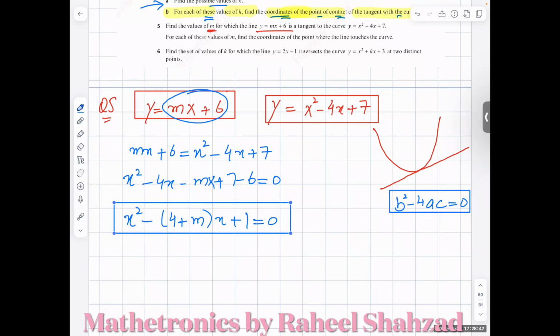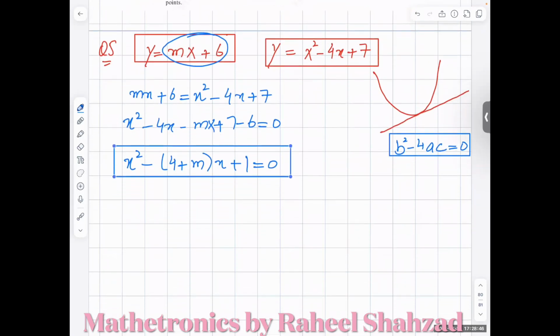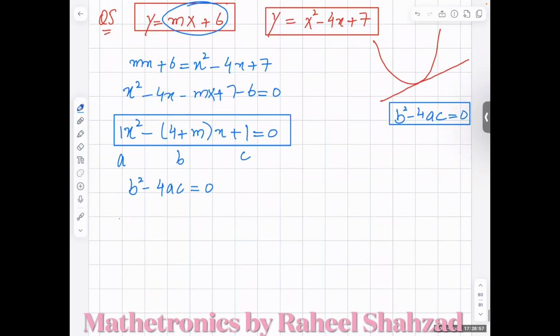Since this line is tangent to the curve, the discriminant has to be equal to 0. So b squared minus 4ac equals 0, that would be (4 plus m) squared minus 4 equals 0.